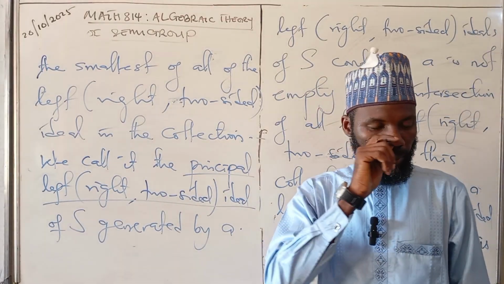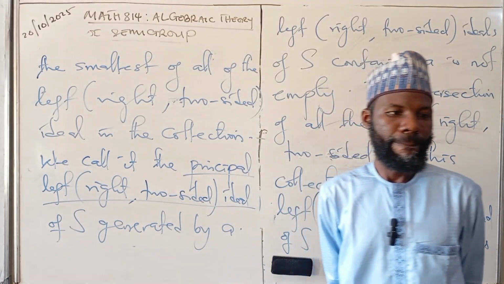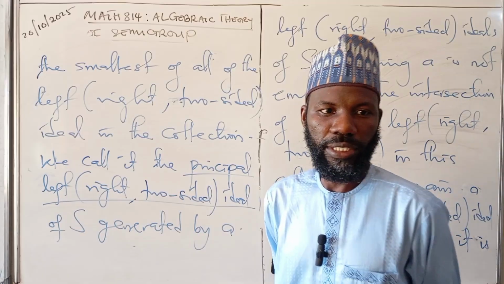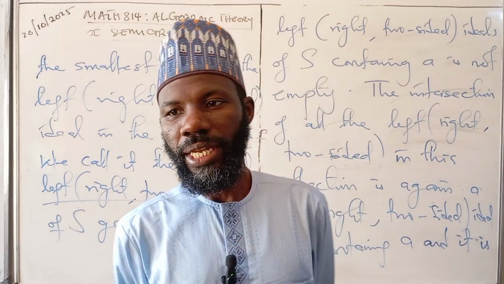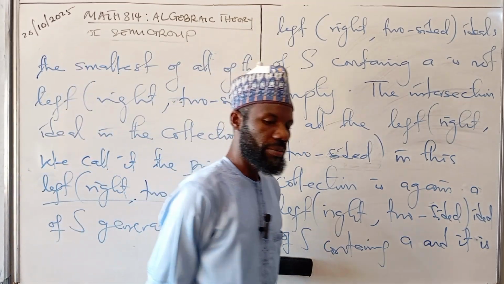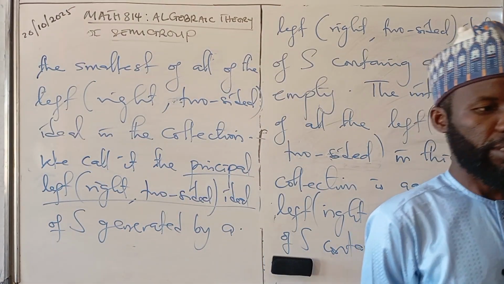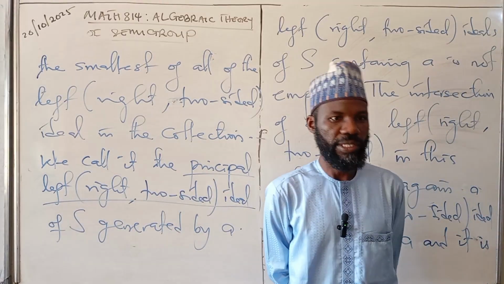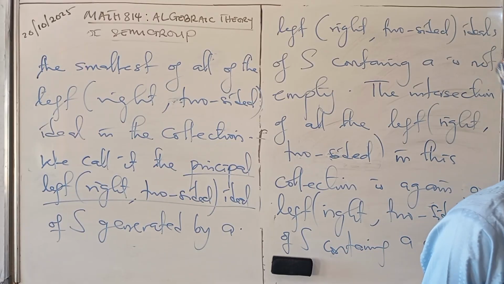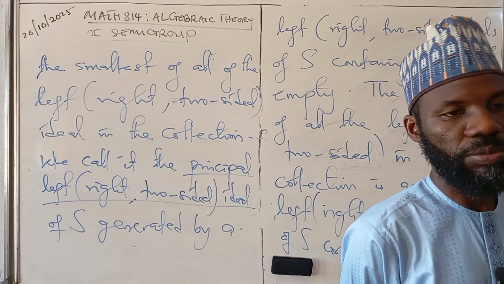What about the union? Is it also possible for the union? The union of two ideals is not necessarily an ideal, just like the union of subsemigroups is not necessarily a subsemigroup. Like the union of two subgroups is not necessarily a subgroup. Are you following?